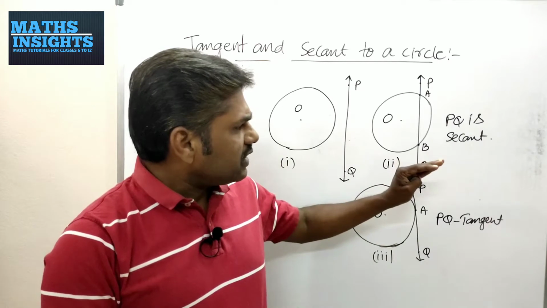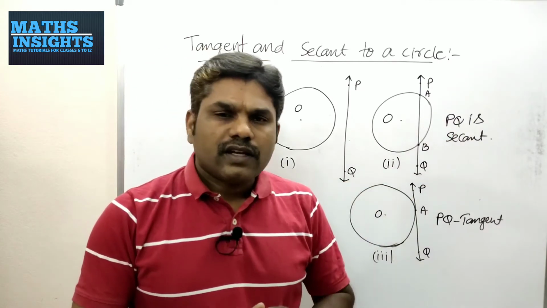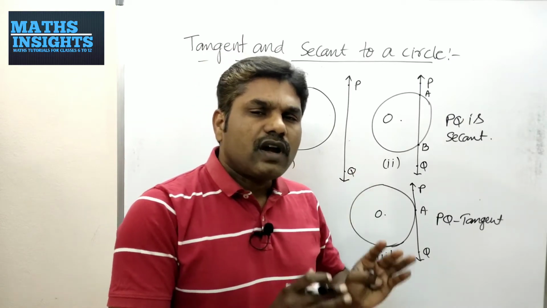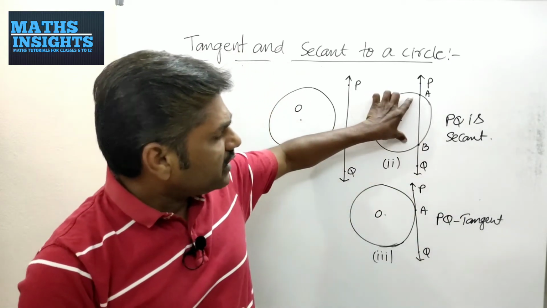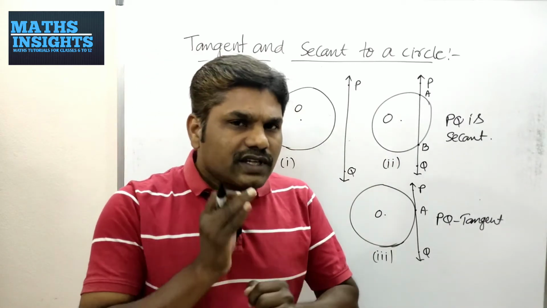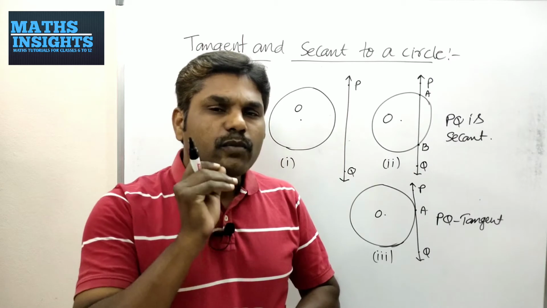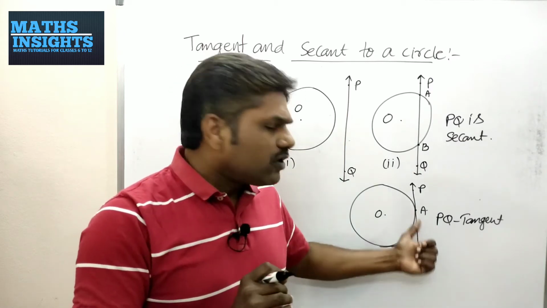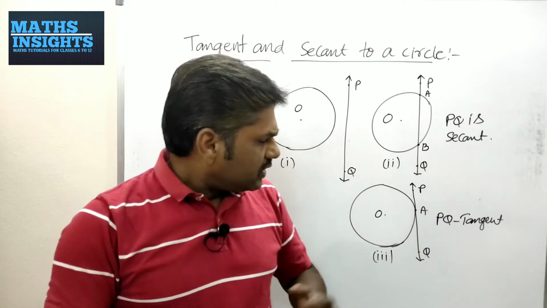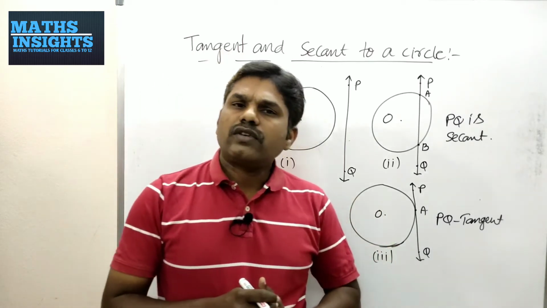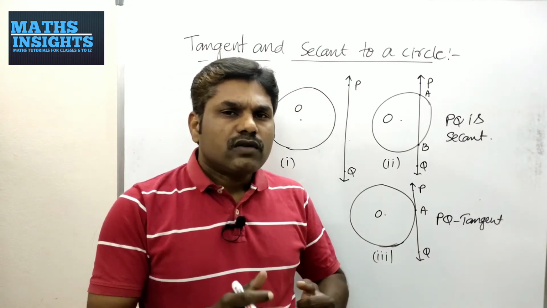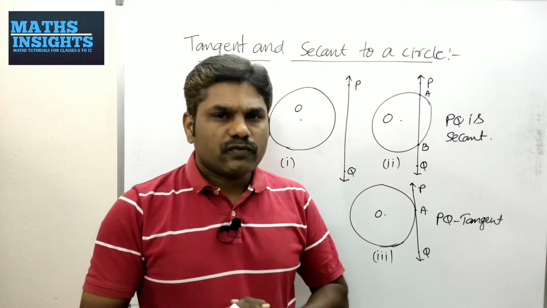Once again I will say a secant is a line which intersects the circle at two different points and forms a chord here like this AB, and tangent is a line which touches the circle at a point, and the common point here is called point of contact. These tangents will have different properties.